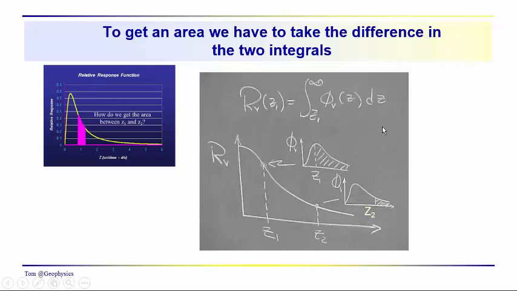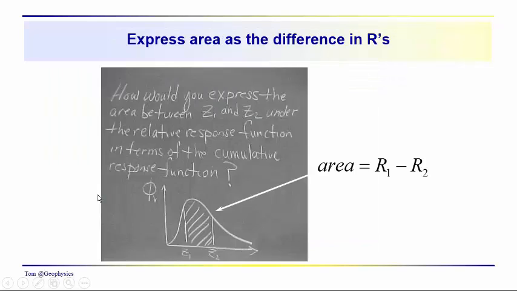We know that that's 1 over (4z squared plus 1) to the 1/2 power. And then to manipulate these RV of z's. So if we get RV of z1, we get this area. If we get RV of z2, we get this area. So the question is, okay, how do we get this area between z1 and z2?